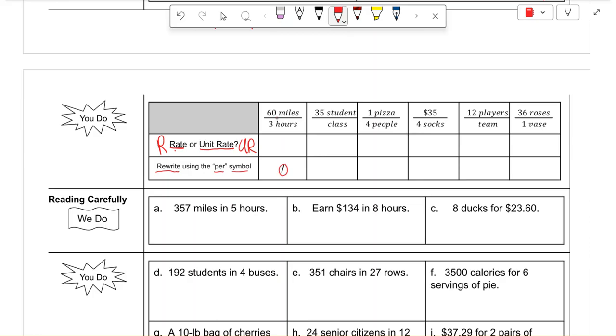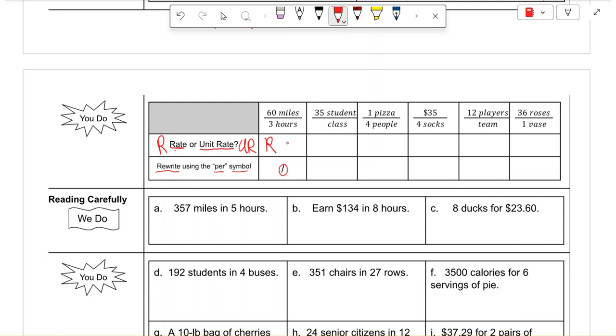So let's do the first one together. It's 60 miles per 3 hours. Remember, unit rate has a 1 underneath it, and that's a 3, so this is only a rate. And so now we're going to make it into a unit rate. Let's actually move this over.